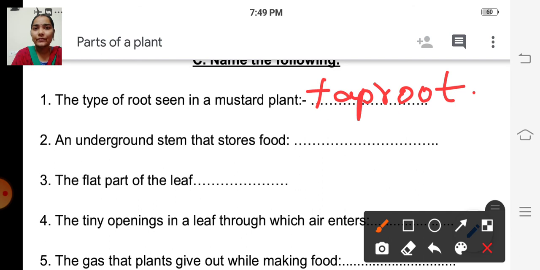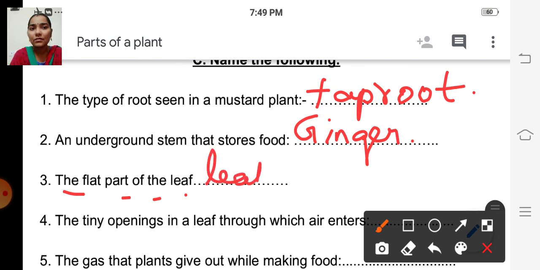What are they? Ginger, potato, isn't it? So we can write ginger. Okay. Third one, the flat part of the leaf is called leaf blade, isn't it? Leaf blade.